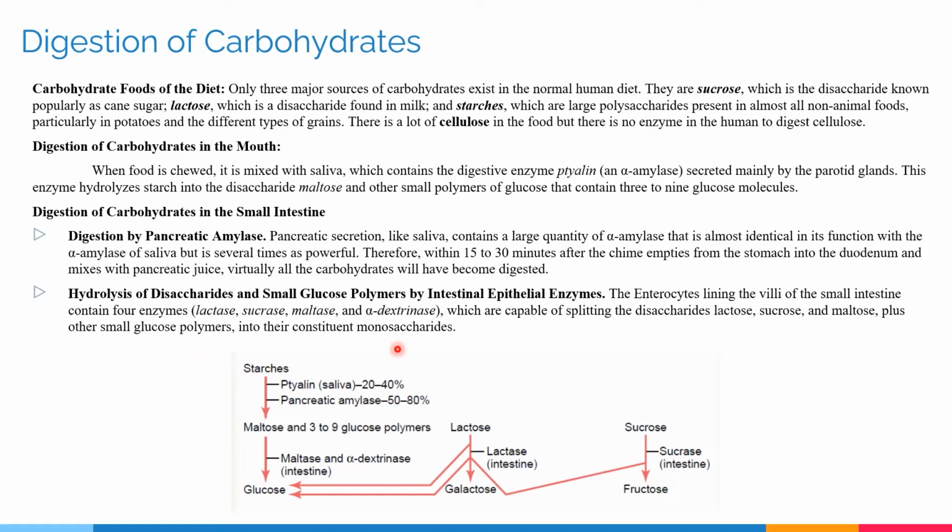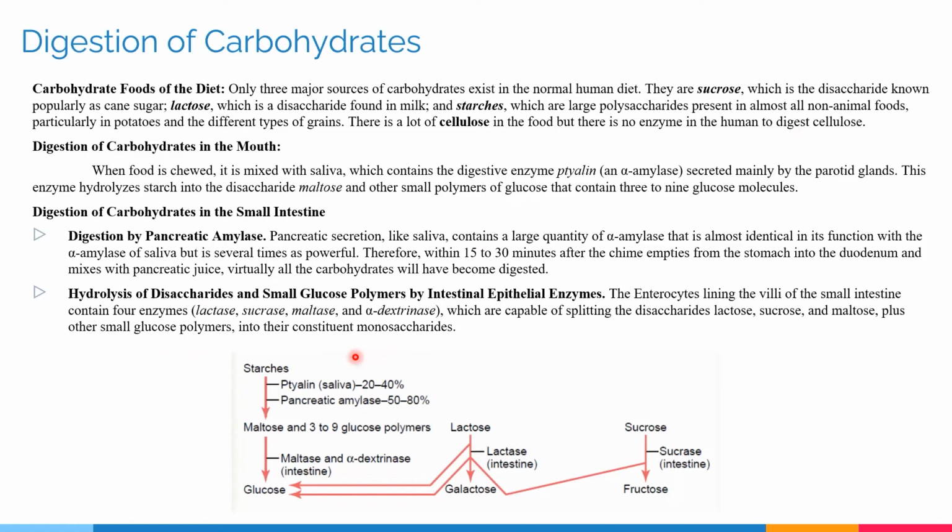Here we see a schematic of how exactly the digestion of carbohydrates occurs. First, starches are digested using ptyalin, which is present in the saliva, which digests around 20 to 40%, and pancreatic amylase, which further hydrolyzes 50 to 80% of the starch, which is then broken down into maltose and 3 to 9 glucose polymers.